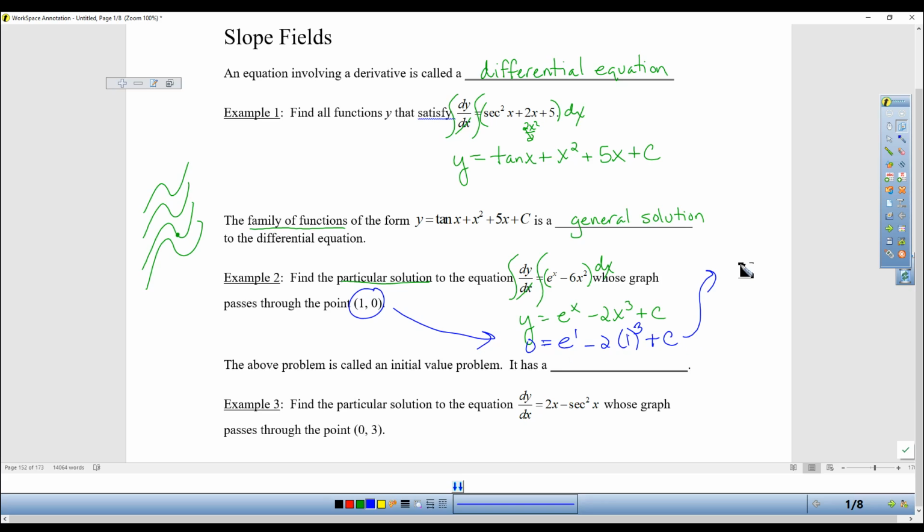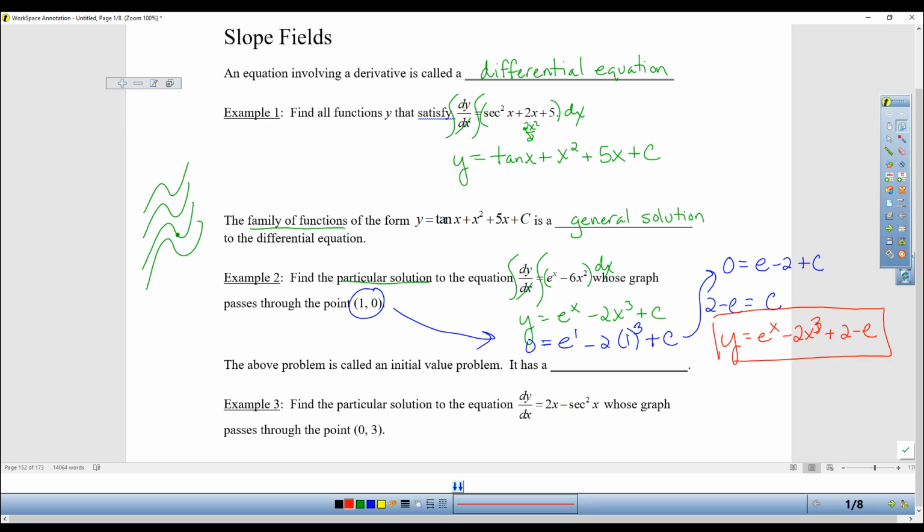So that gives me 0 is equal to e minus 2 plus c. So c is equal to 2 minus e, which means I have a final answer of y is equal to e to the x minus 2x cubed plus 2 minus e. That is called a particular solution.